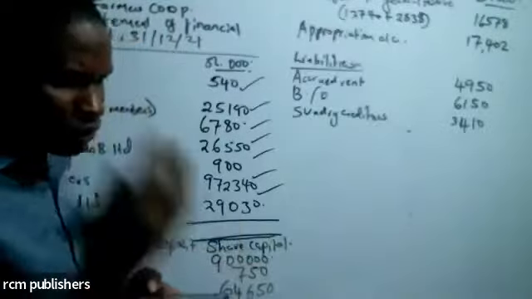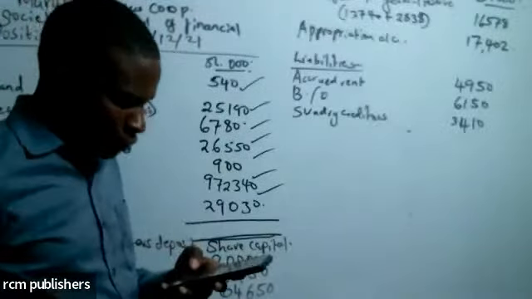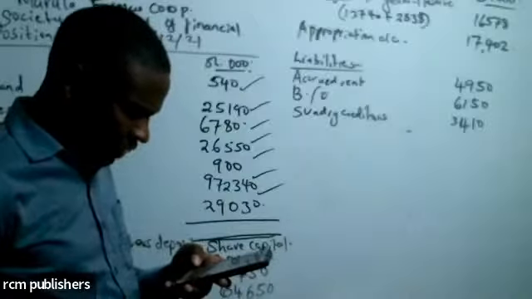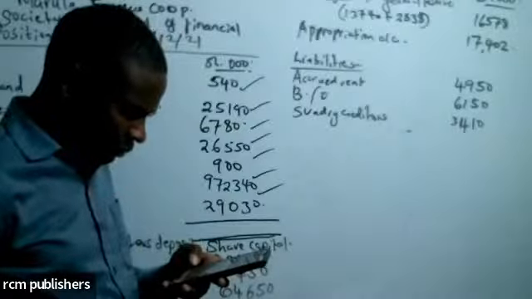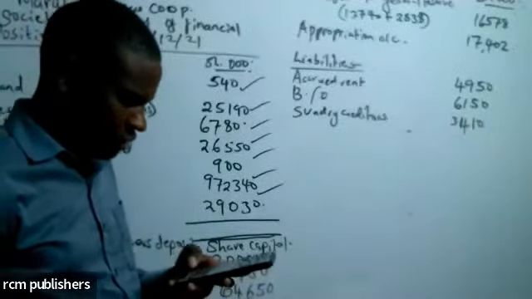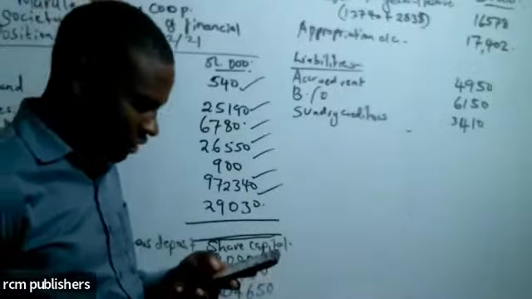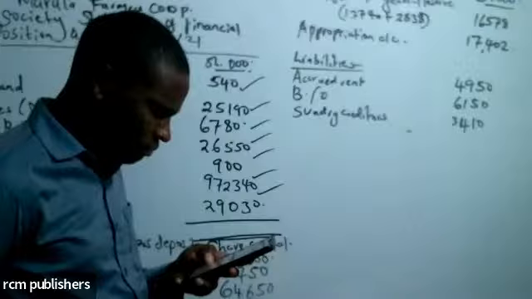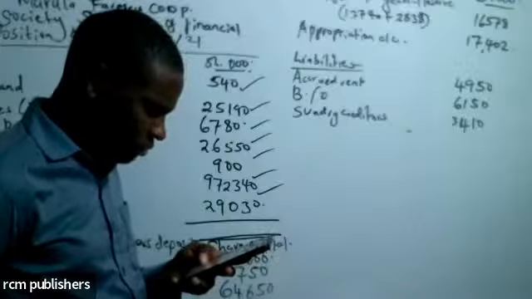I hope that is what you have. What else do we have? We had provision for audit fee. Can you see provision for audit fee somewhere? Can you see provision?